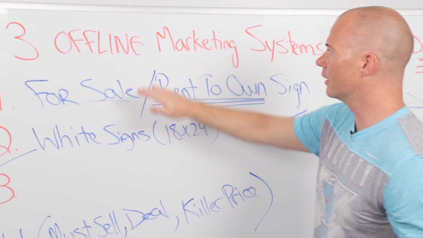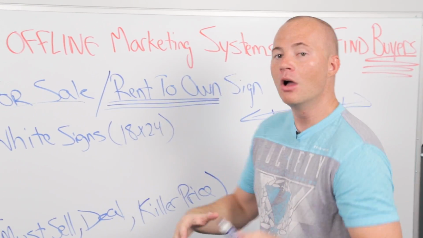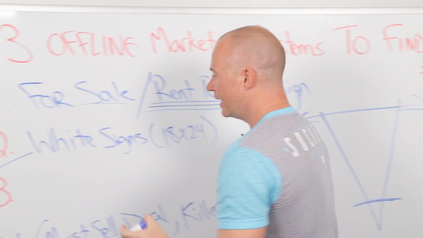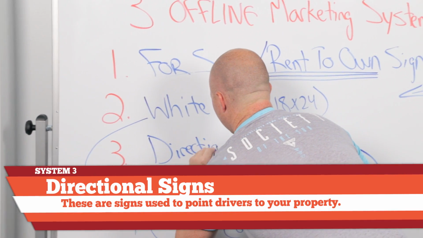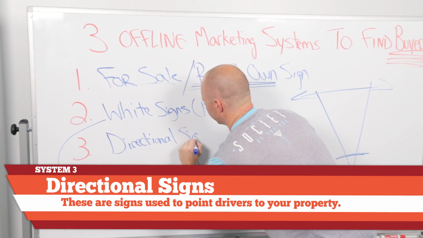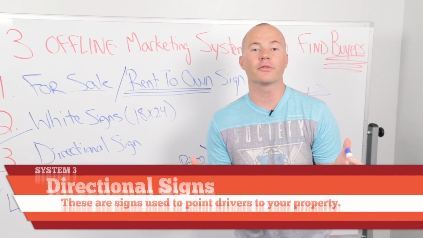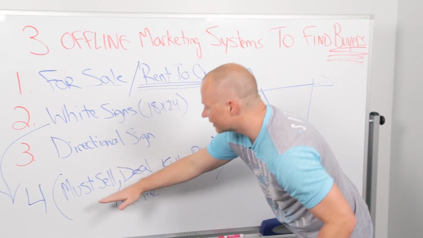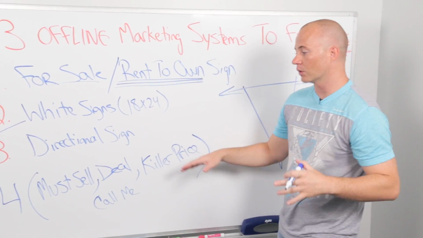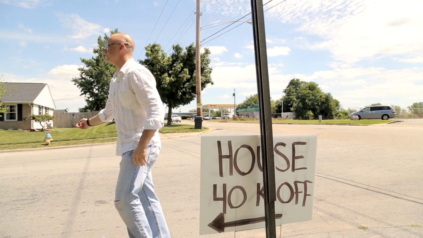The third way that we will bring in and attract buyers offline visually is through directional signs. Now, directional signs can be whatever you want them to be, but I can tell you exactly what we do. Okay, so we use the same exact white corrugated plastic signs, and we write on them the same kind of stuff.